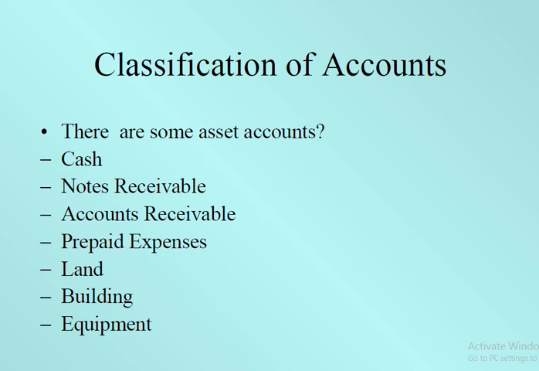If you have made certain advance payments, they can be termed prepaid expenses, for example, rent paid in advance for 1 year. This advance payment will be considered a current asset. Land, building and equipment are to be considered fixed assets.